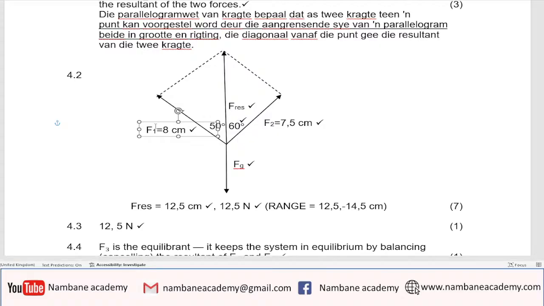You can't use the ruler for 8 newtons, but it will indicate that the learner was talking about F1, which is 8 newtons, but it's equal to 8 centimeters, which shows that the learner used the scale correctly.